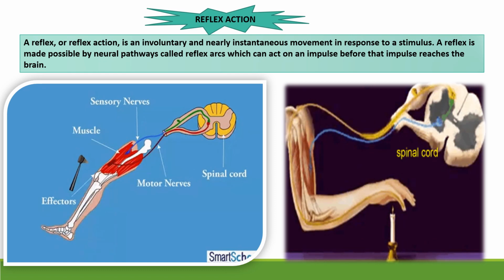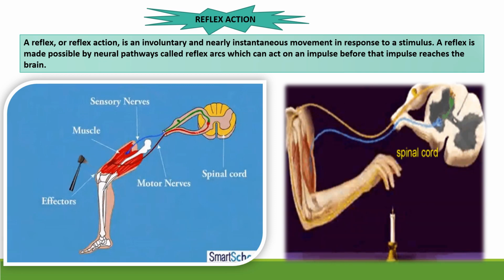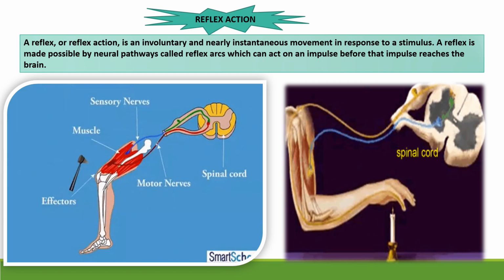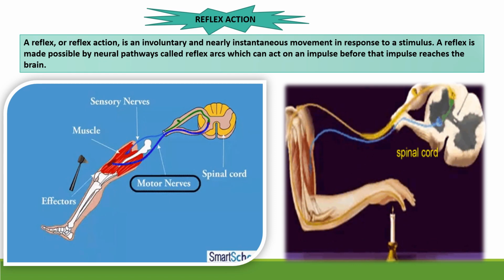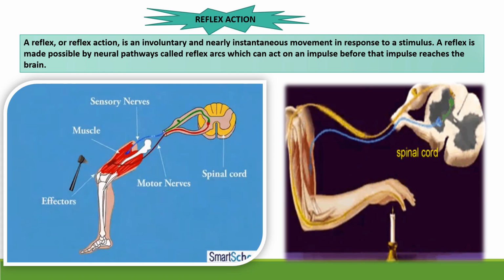This is the sensory and this is the motor neuron. So through the sensory nerve it's going and through the motor nerve it is coming and giving the response, so that we are taking our hand off the hot object, here a candle. So these are the two examples of reflex actions.